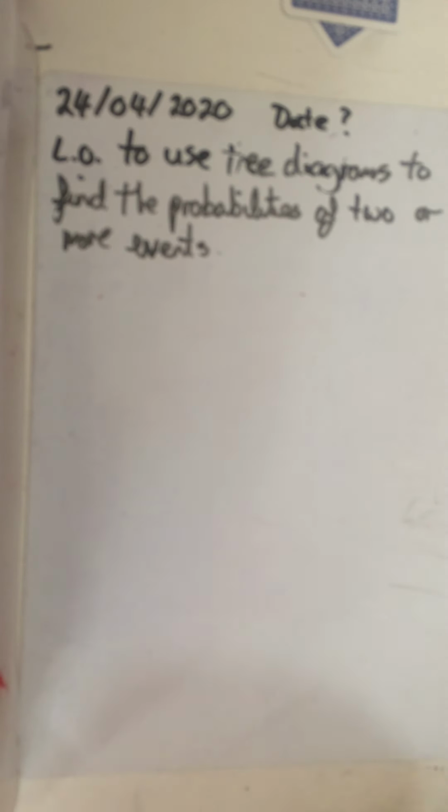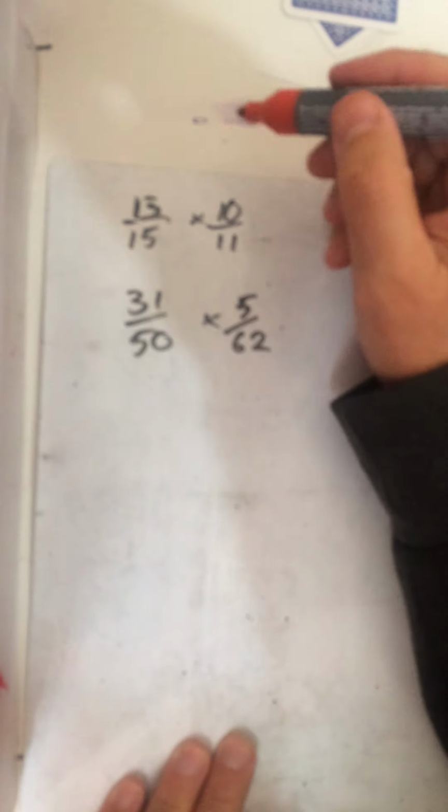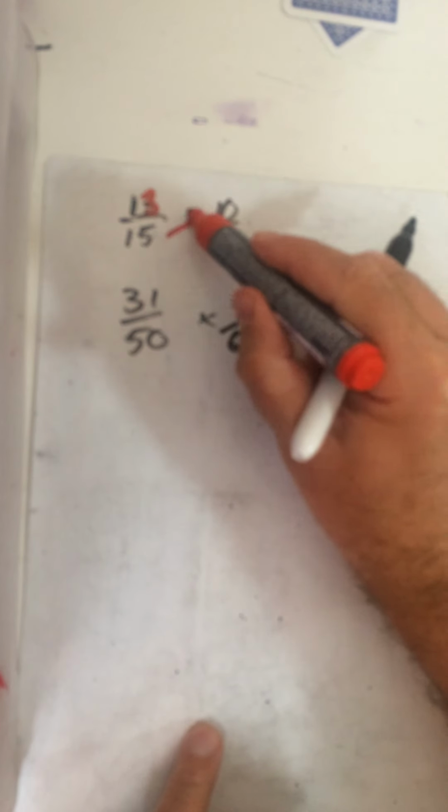Sometimes you can get trickier numbers to multiply. So here we've got 13/15, and you're multiplying that by 10/11. What you can do is you can cross simplify. So if you go across from here to here, you can simplify that.